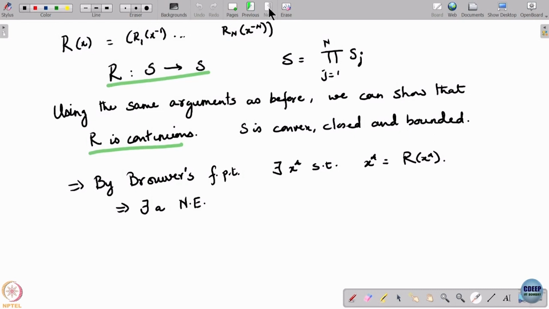The main thing I wanted you to know is that whether there exists a Nash equilibrium or not is essentially a topological property. It's about the shape of this function R and whether it has the right shape to intersect that 45-degree line in that larger space.